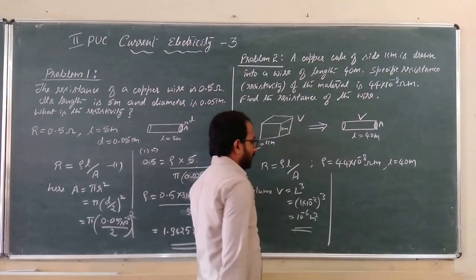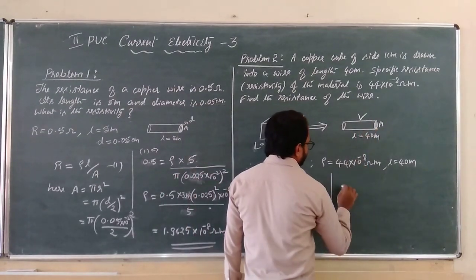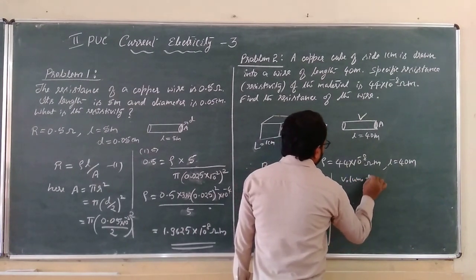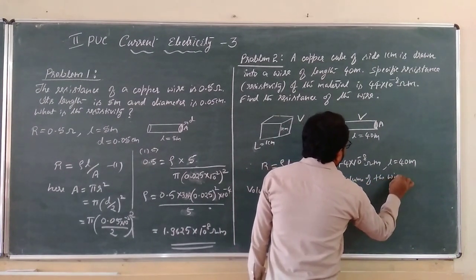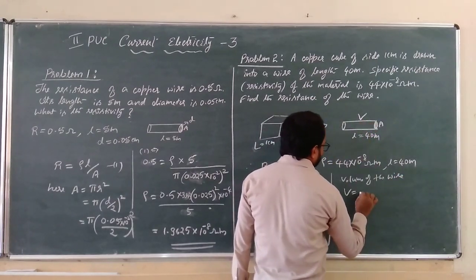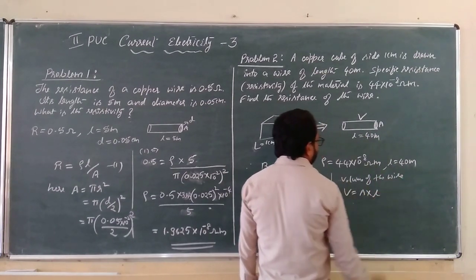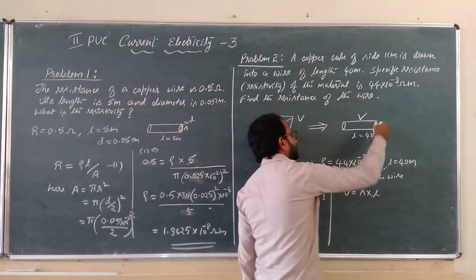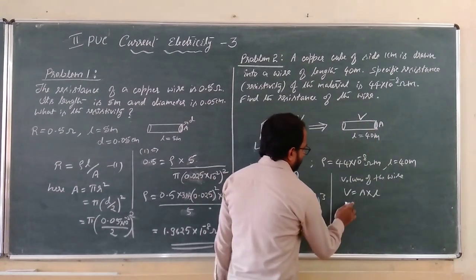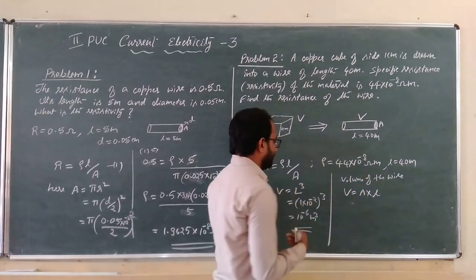Now, how to find the area? The volume of the wire is V. It is a cylindrical wire, so the area of cross section is A and the length is l. The volume of the cylinder is the area of cross section into the length, so V is equal to A into l. Using this you can calculate the area.